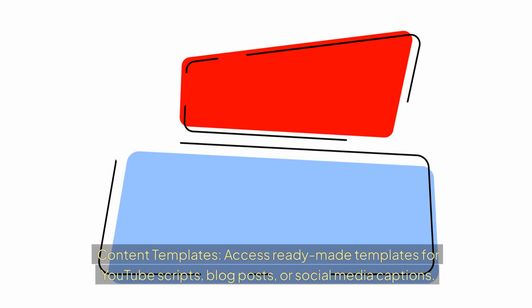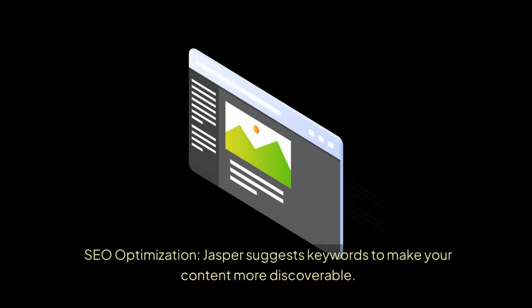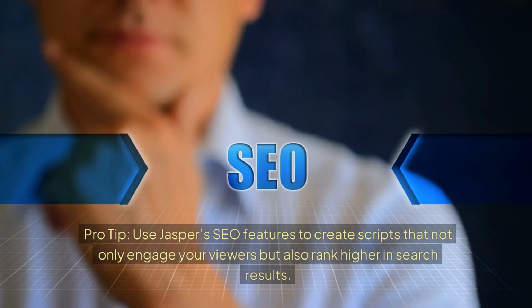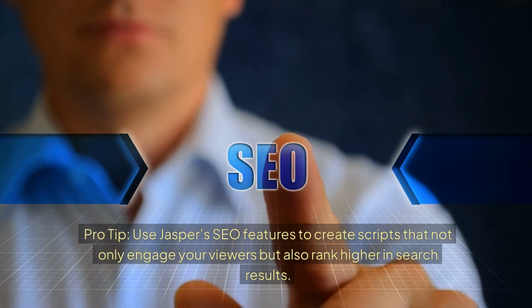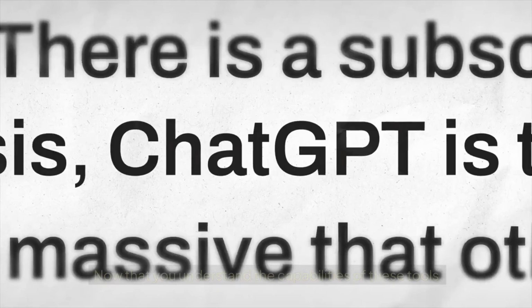Access ready-made templates for YouTube scripts, blog posts, or social media captions. SEO optimization. Jasper suggests keywords to make your content more discoverable. Pro tip: use Jasper's SEO features to create scripts that not only engage your viewers, but also rank higher in search results.